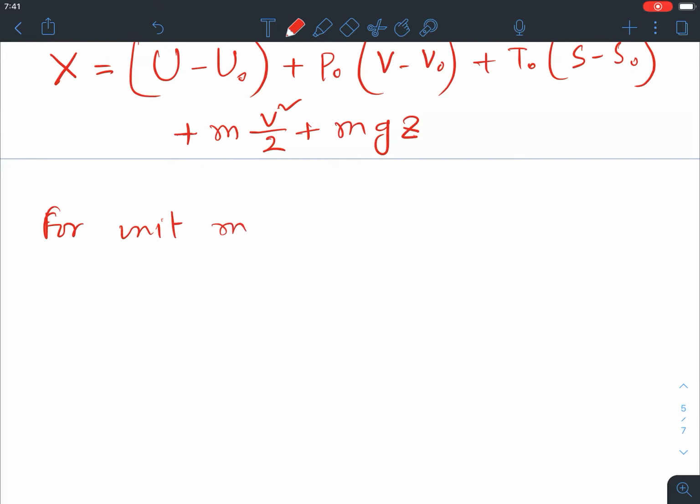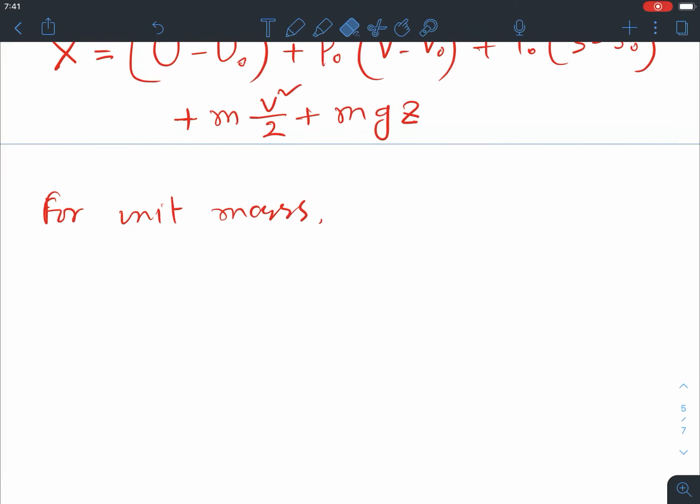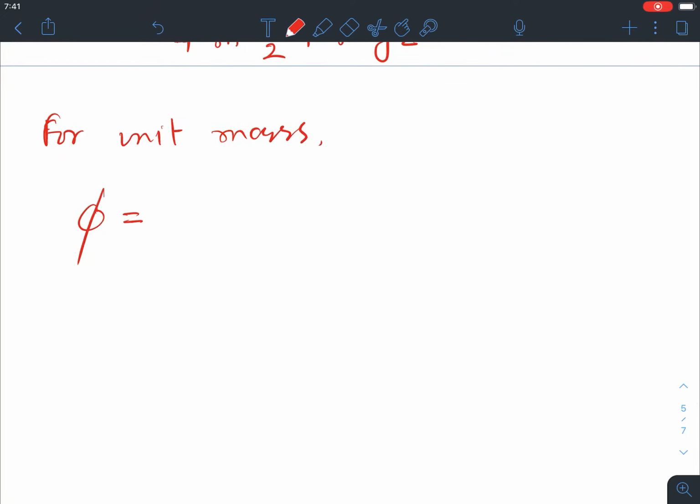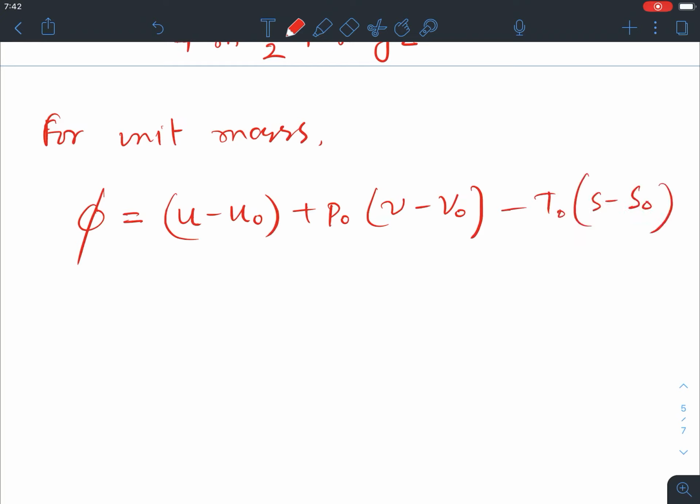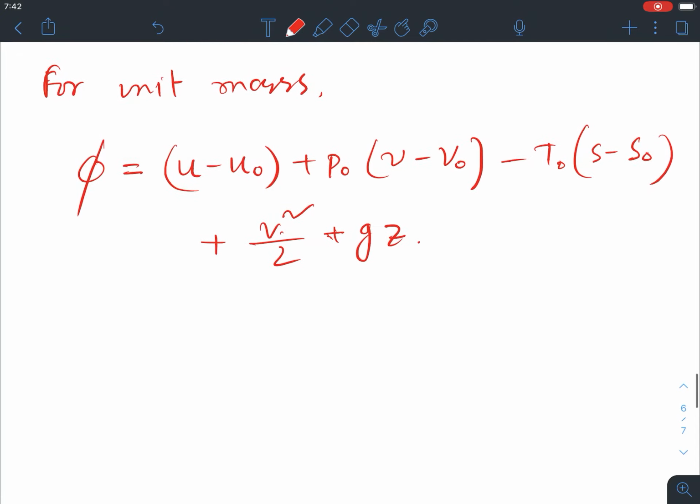So for unit mass, the equation will look like this. For exergy they define it as phi, so for unit mass phi equals u minus u naught plus P naught times v minus v naught minus T naught times s minus s naught, plus V squared divided by 2 plus gz.